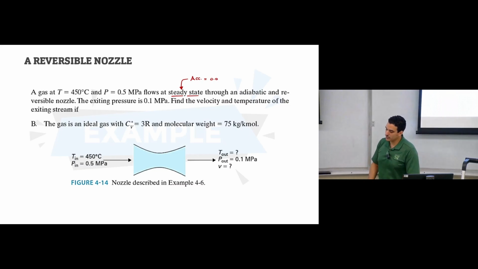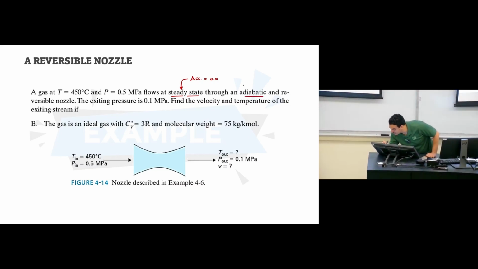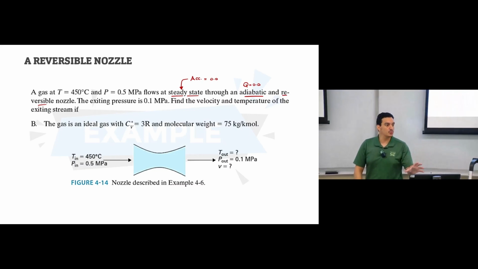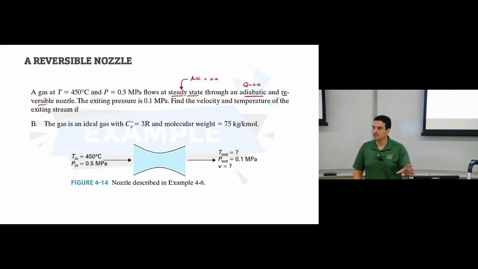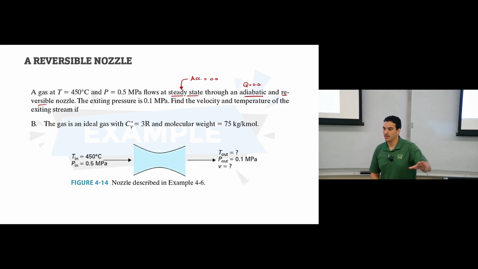This gas flows at steady state through an adiabatic, meaning Q equals 0, and reversible nozzle. Reversible adiabatic together, these two words are equivalent to something called isentropic. Remember from previous examples, isentropic means what is constant? Entropy.